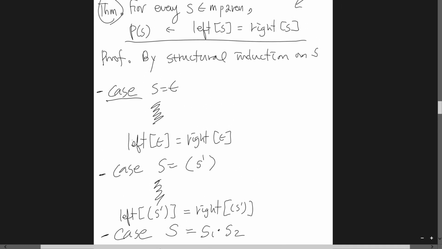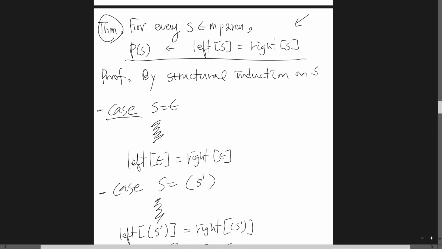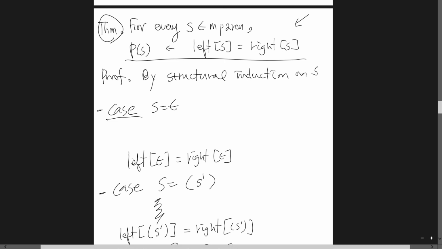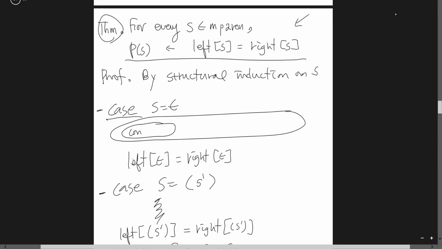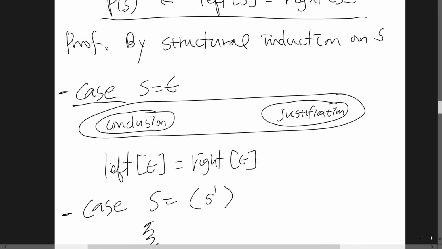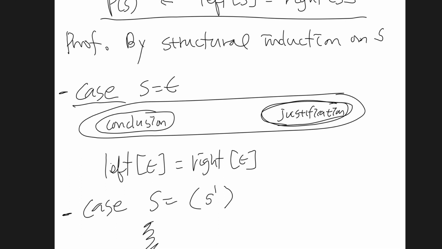When you write a proof using induction or similar techniques, you want to write the conclusion on the left side and the justification on the right side, not the other way around. This is because if you see the justification first, you might well be puzzled by what this statement is for.